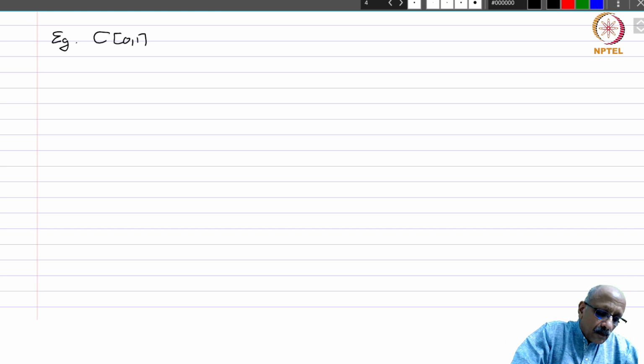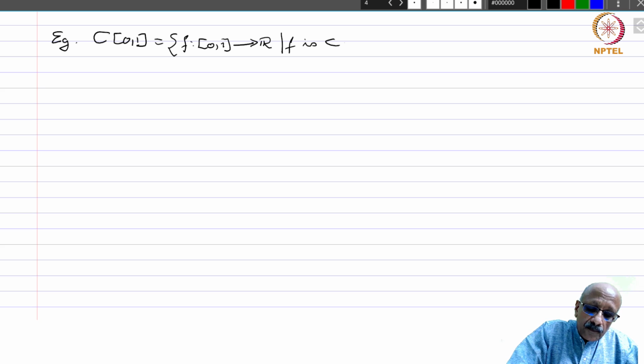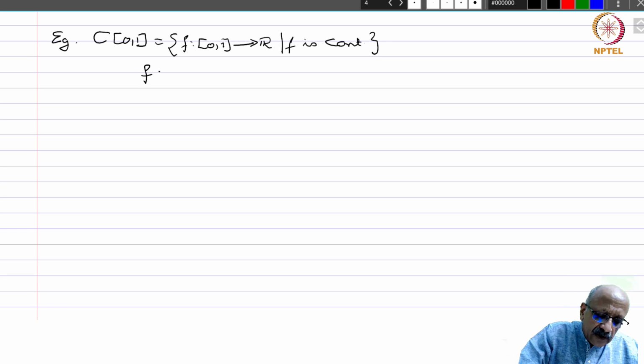Our next example is the function space C[0,1]. This is the set of all functions from the closed interval [0,1] into R such that f is continuous. This becomes a vector space with pointwise addition and scalar multiplication.